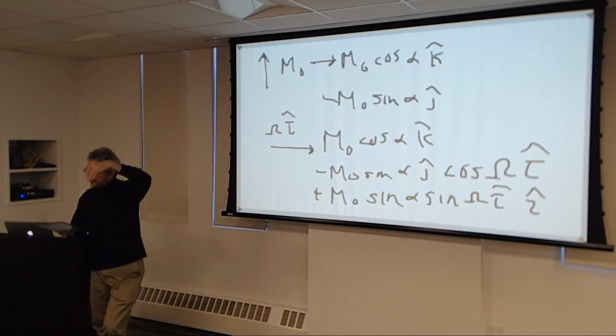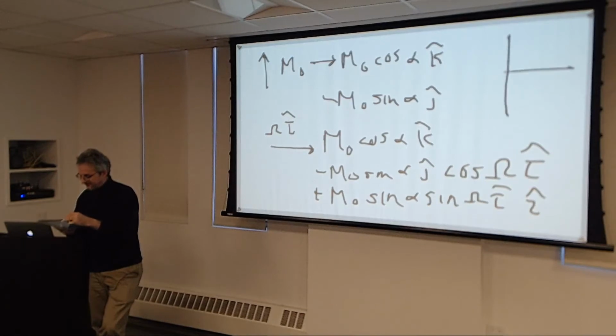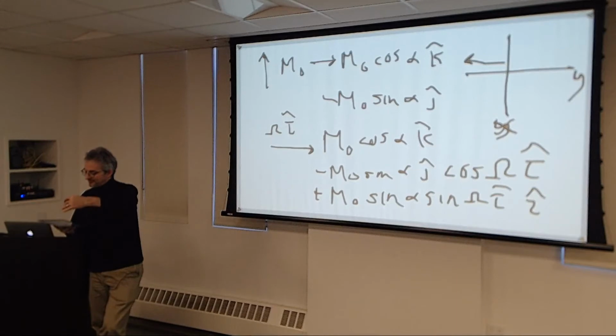So if we look down from the top, here's x and y. If we had an on-resonance pulse, after the pulse the magnetization just points here along the minus y-axis. But off resonance, the magnetization has started to rotate. So it points here.